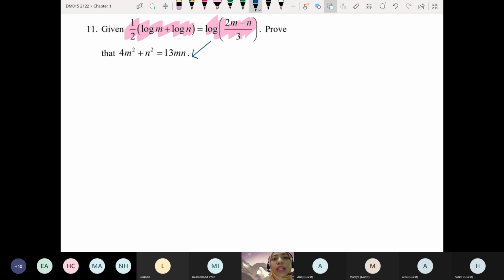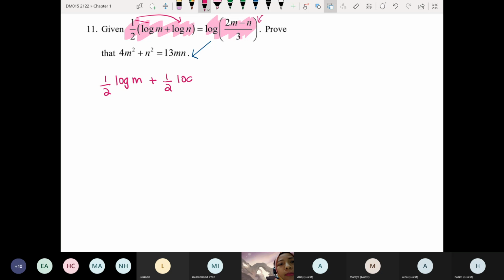We have to solve whatever we can for the given equation above, the pink one. Okay, so first we expand. Since it is plus, it becomes 1 over 2 log m plus 1 over 2 log n.